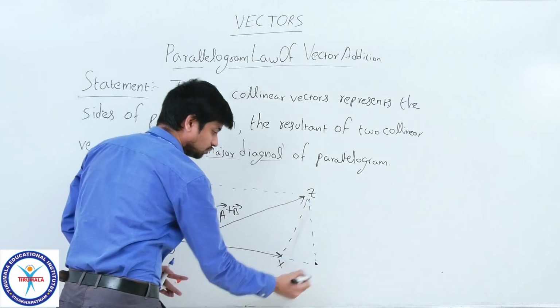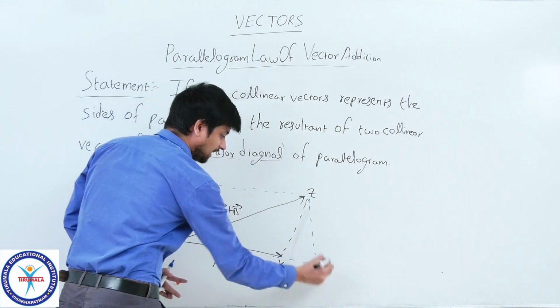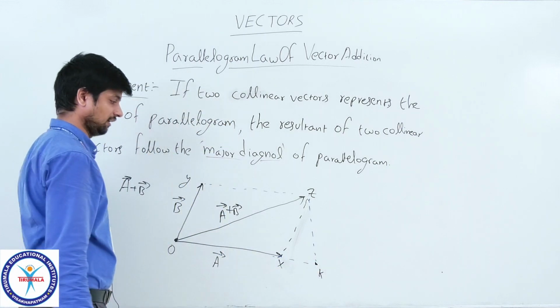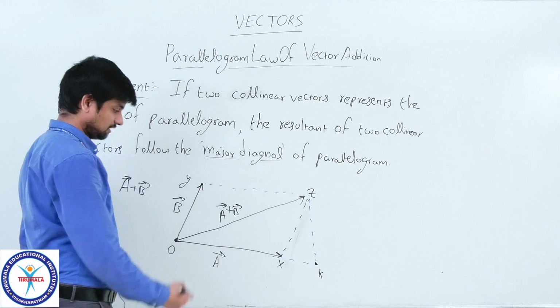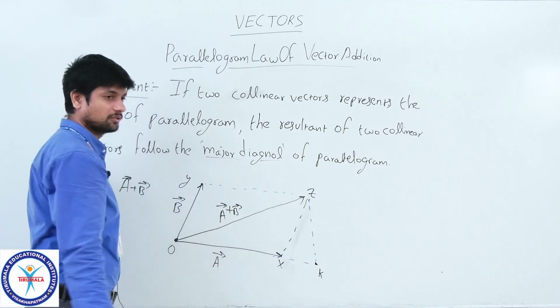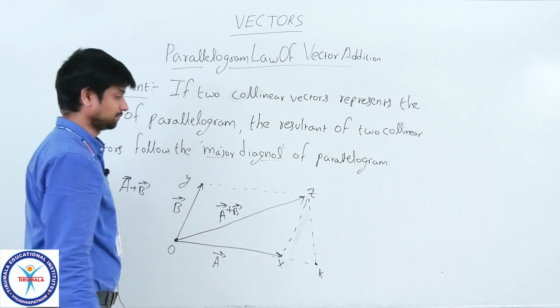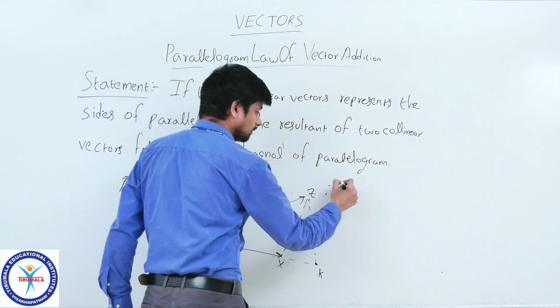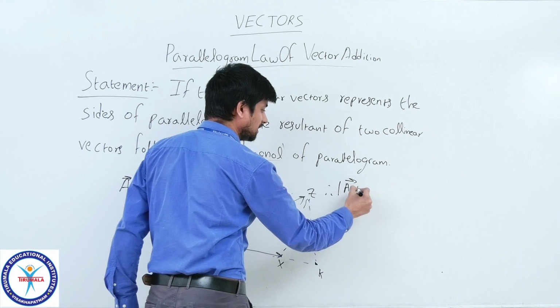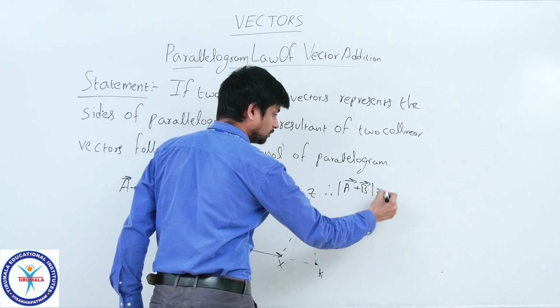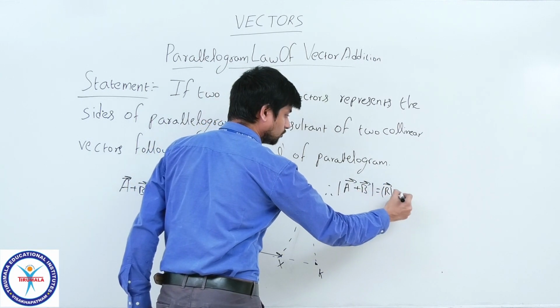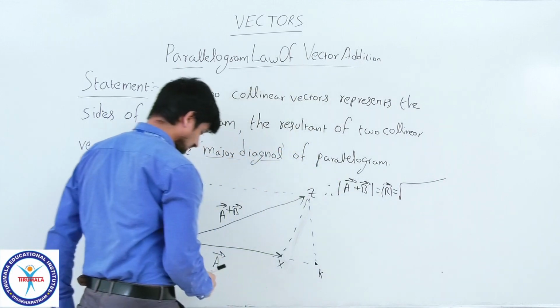So this point I call K. Apply the formula. I want to know its magnitude. What should I do, children? I should apply the Pythagoras theorem. So, modulus of A bar plus B bar, the resultant vector, equals what?